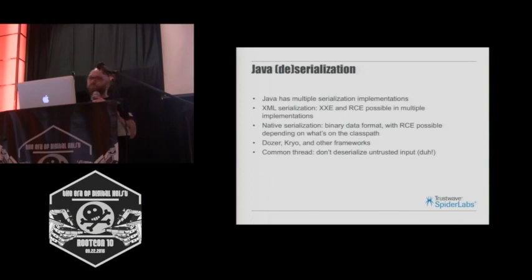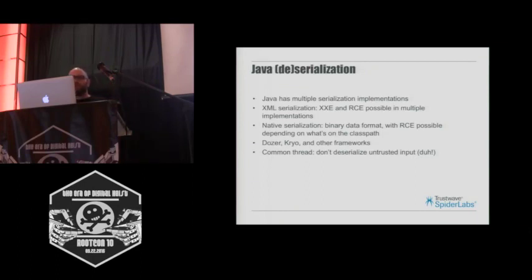So we'll start with just explaining what Java deserialization is. I imagine everybody knows what serialization and deserialization of data is. We have some data in memory, you need to convert it into some kind of format that can be transmitted across a network. So that could be JSON, it could be XML, there's a whole variety of formats. Java actually has its own native deserialization format, or binary deserialization format, because it's a binary data stream.